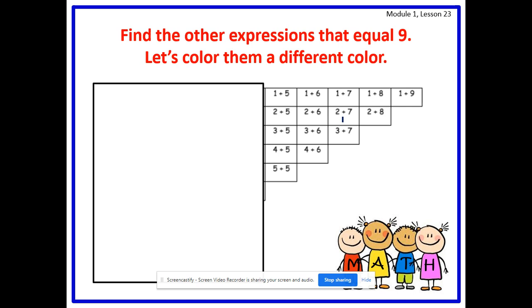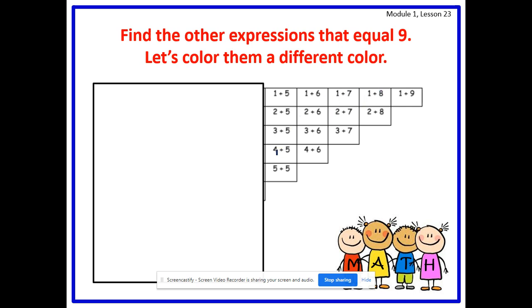What's 2 plus 7? Get ready. 9. Point to 1 plus 8. What's 1 plus 8? Get ready. 9. You are right. Go ahead and make sure that you've been writing in your totals.